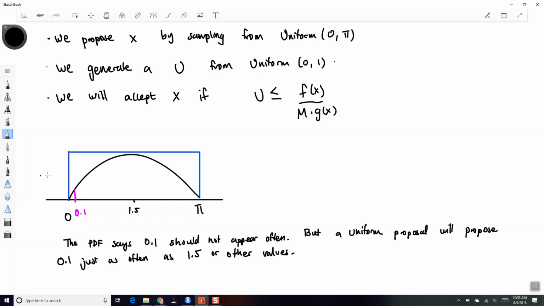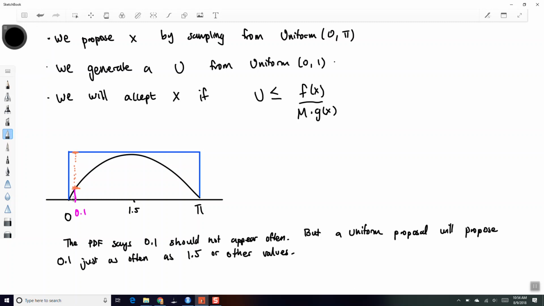So to decide, what we're going to do is every time 0.1 is proposed, we're not always going to accept it. Sometimes we're going to say, no, I don't want this. The way we decide whether or not to accept 0.1 is we look at the ratio between the height of the PDF here and the height of the proposal distribution after we've multiplied it by the constant, so that these are touching.